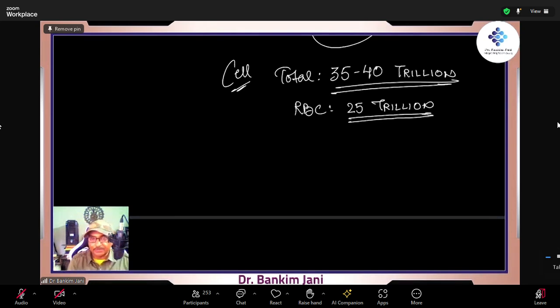Now these number of cells change with age, with sex, with race, and even with the environment. They change with the environment, and then they change with the practice.